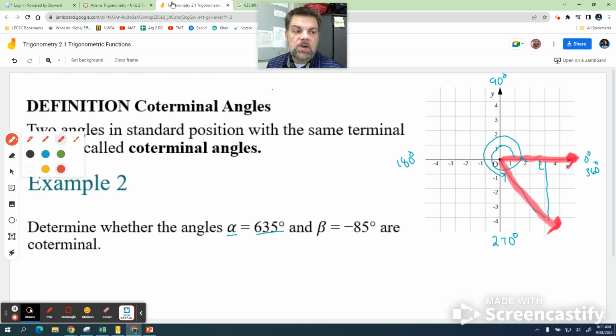So the coterminal angle is always going to be this little sliver right here. Or it could be just one revolution, right? It could be that I just go from here to here.